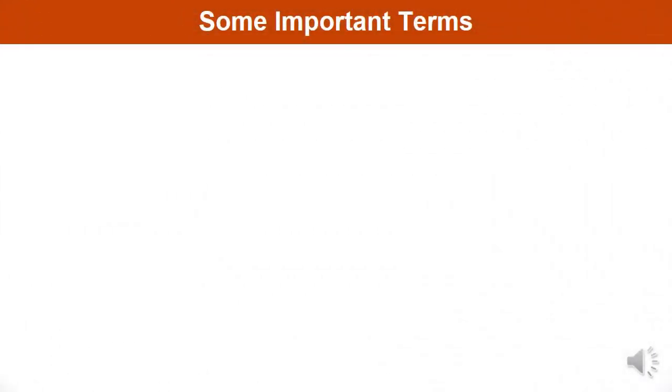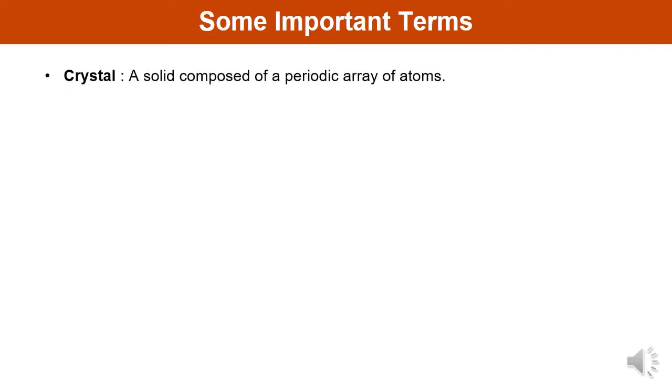Next, you need to remember some of the important terms which are the basic building blocks for any type of solid and to understand electronic devices nicely. Crystal. Most of the time you talk about the crystal. What is crystal? A solid composed of a periodic array of atoms is known as crystal.